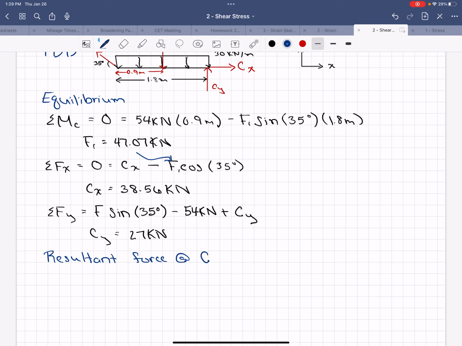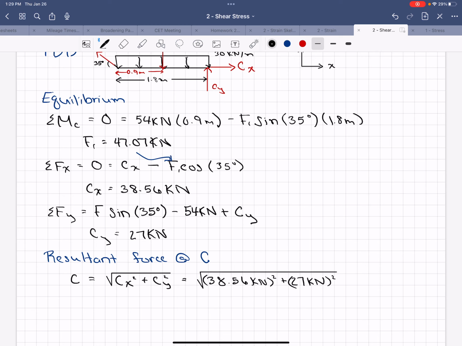at C. And to do that, we just take C, this is like the magnitude of the force, equals the square root of Cx squared plus Cy squared. So that equals 38.56 kilonewtons squared plus 27 kilonewtons squared.